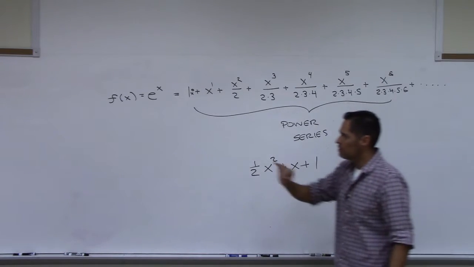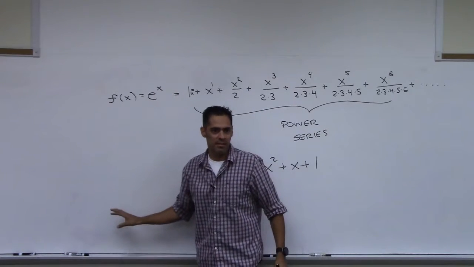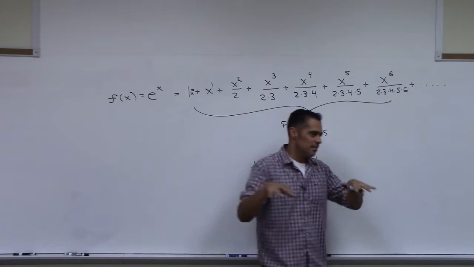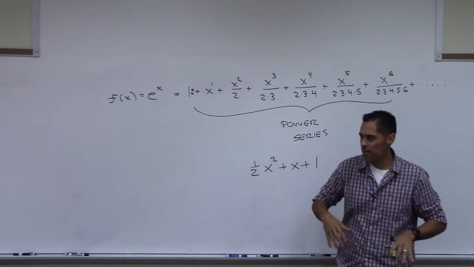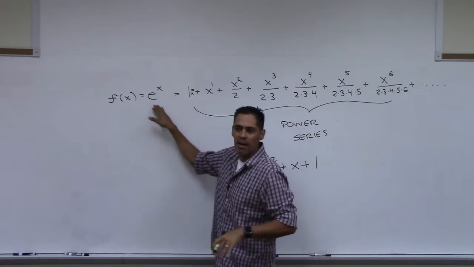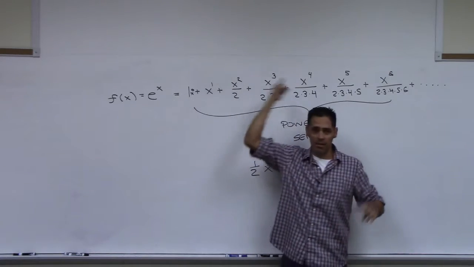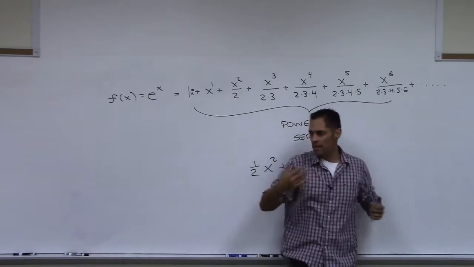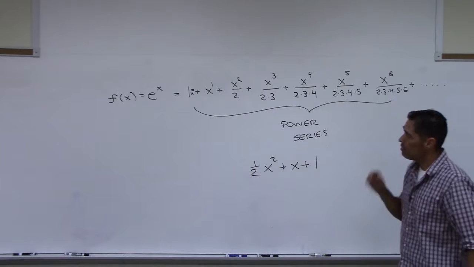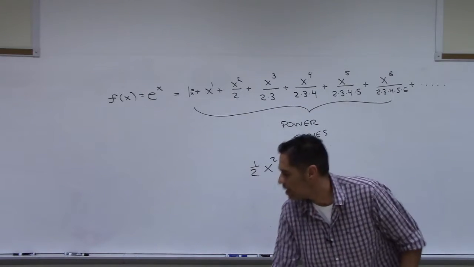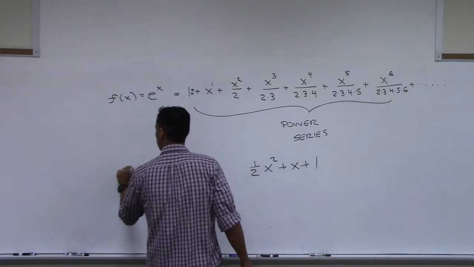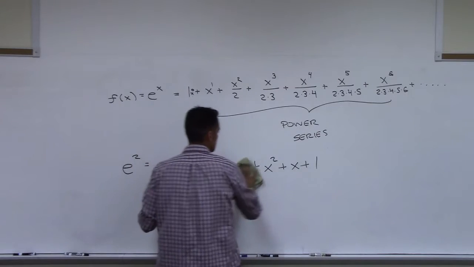Every function that you will ever study in any class that you take below Calc 3, any function you ever look at will be able to be represented this way. And that's how your computers actually calculate it. So when I typed e squared into my calculator, here's what my calculator actually did.